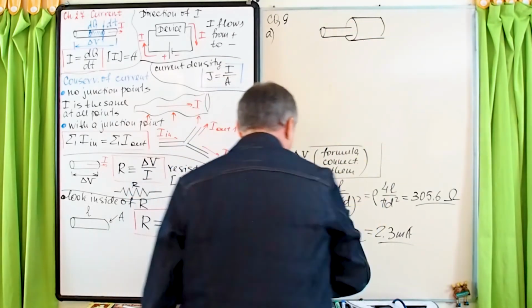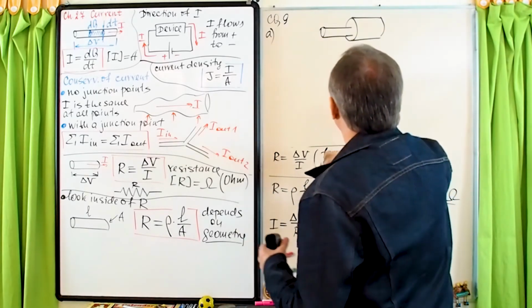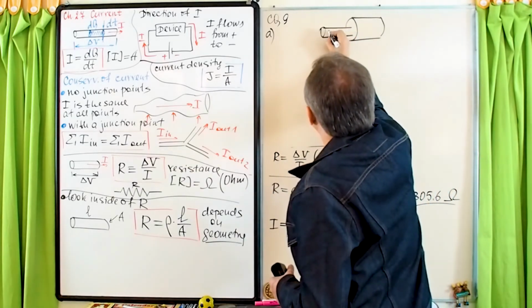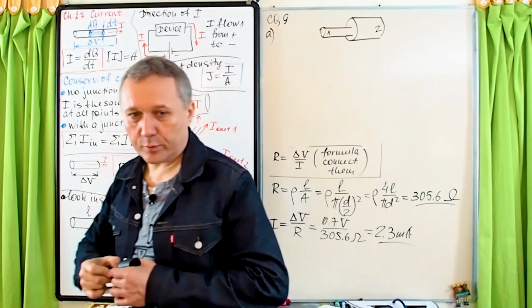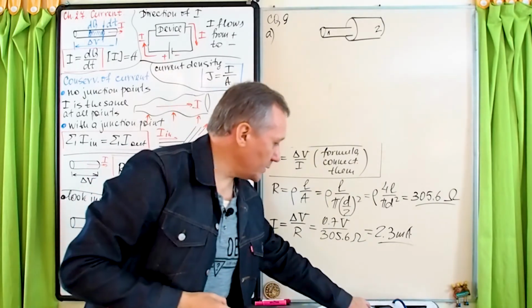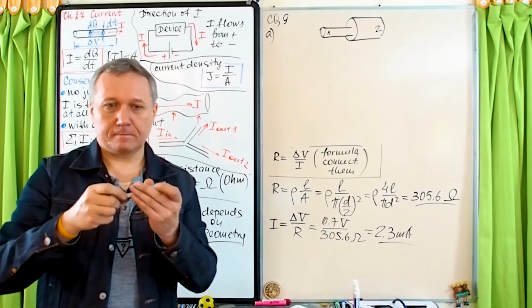Okay, first section of the wire, second section of the wire. Current flows through this structure. It's basically this.